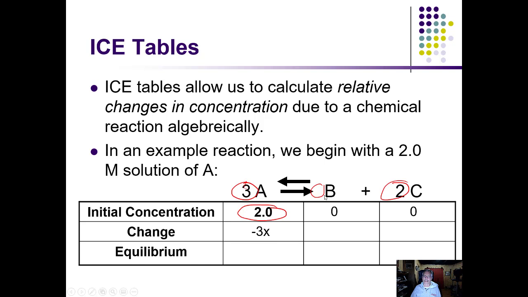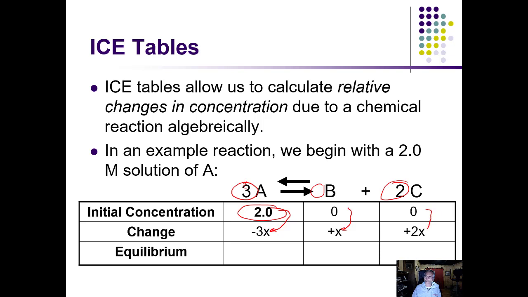All right, and then since the coefficient of product B is 1, this is just going to be plus X because reactants disappear and products appear. And I'm betting that you can guess what the change in the product C is. Since the coefficient is 2, it's going to be plus 2X. Good job.